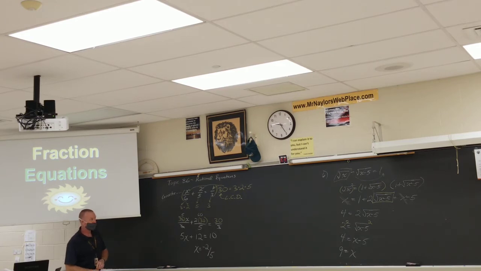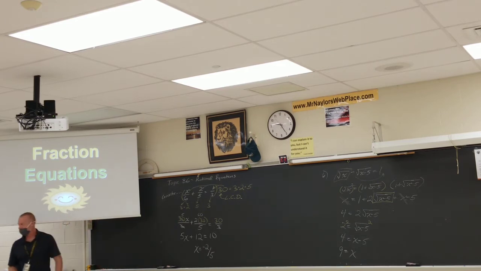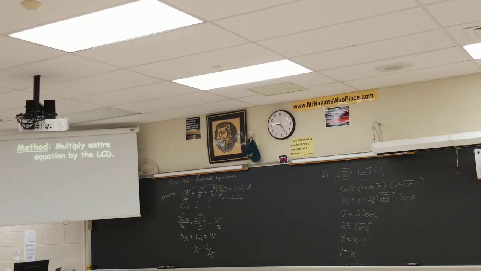But what was a big deal is this whole thing called the LCD. The LCD is going to help us to solve rational equations if we just multiply. If you just multiply, as I often say, make sure you understand that. You can write it down if you want to, but ultimately make sure you understand that we're going to multiply by the LCD.